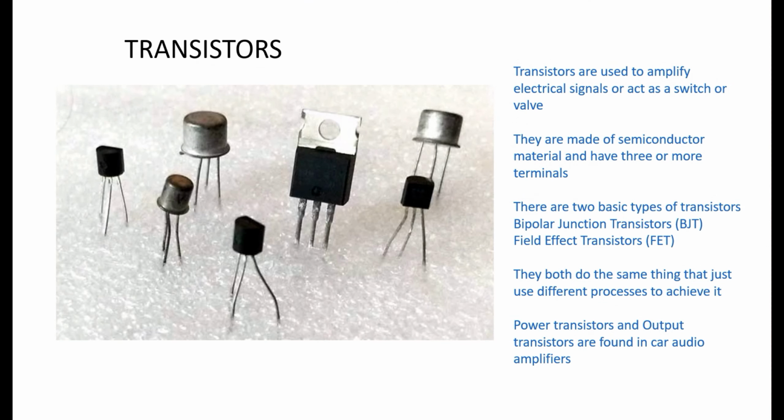Transistors are used to amplify electrical signals or act as switches or valves in electrical circuits. They're made up of semiconductor material and they're easy to identify because they have three legs or terminals. There are two basic types of transistors, the bipolar junction transistor or the BJT, and the field effect transistor, more commonly known as a FET.